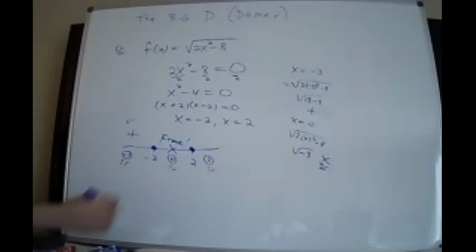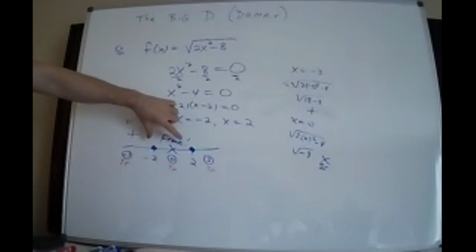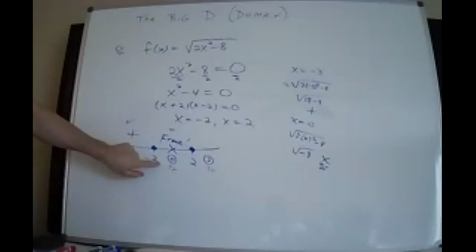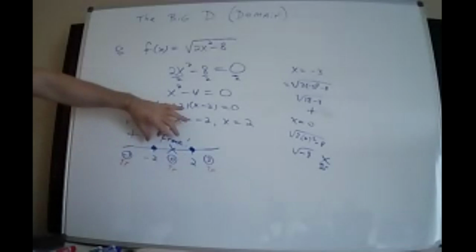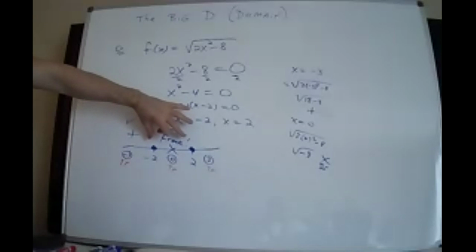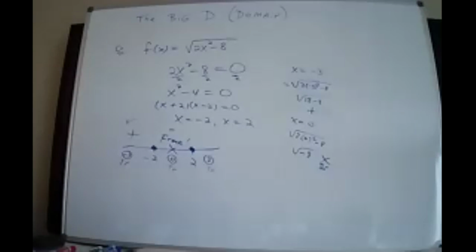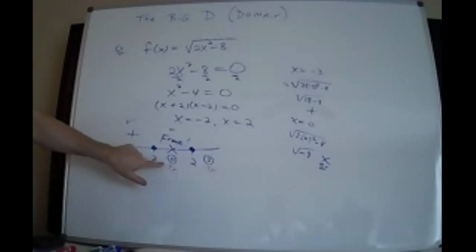All those numbers in the middle. Any number you pick there. You pick -1, freak. You pick 1, freak. You pick a half, freak. You pick 1.9, freak. 1.9999, freak. Any number that you pick that is between -2 and 2 will be a freak. You only had to test one dude, and then you know which ones don't work.